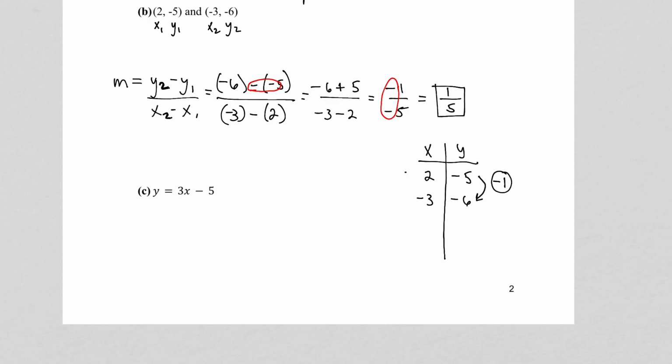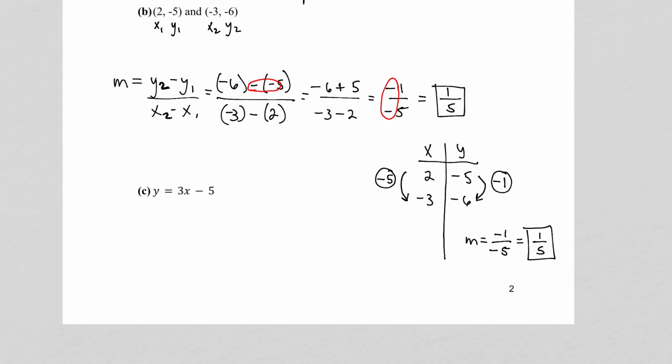We were at 2, and it went down to negative 3, so it just went down 5. So that means our slope is our change in y, which is negative 1, over our change in x, which is negative 5, and we could simplify that to 1/5. And I just like doing that on the table. I just find it's a lot easier. You're not as apt to make a mistake using the table. Again, it's an option.